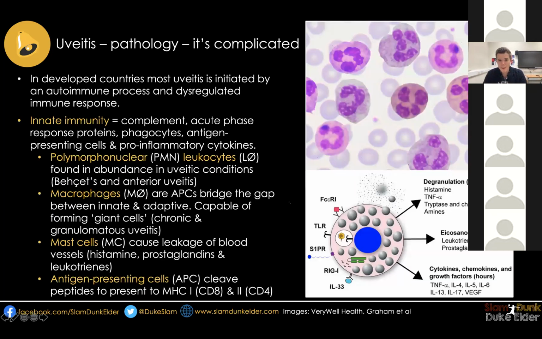I'm not going to try and bore you about the immune response. I think I've gone over the top of this, but every cell in uveitis is implicated. We have our acute cells and our degranulation cells, as well as our antigen presenting cells, the ones designed to trigger the adaptive immune response.